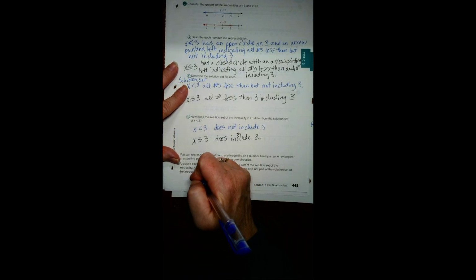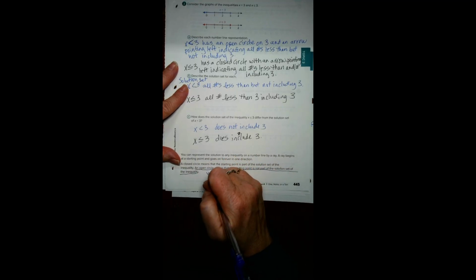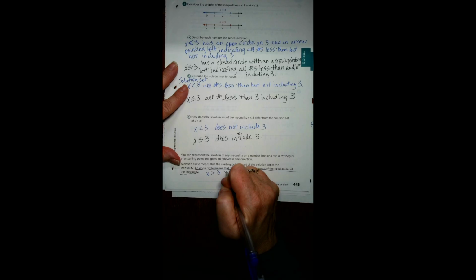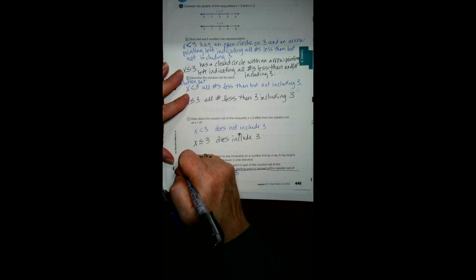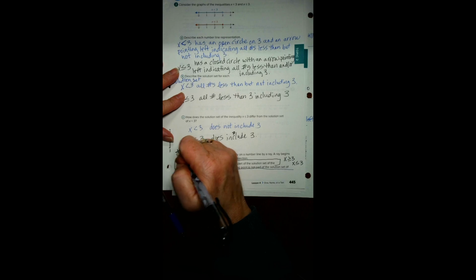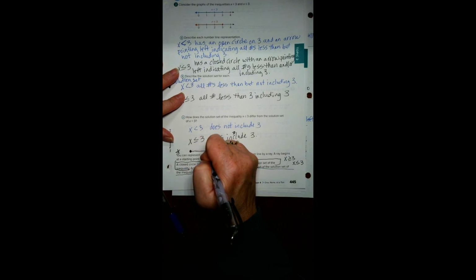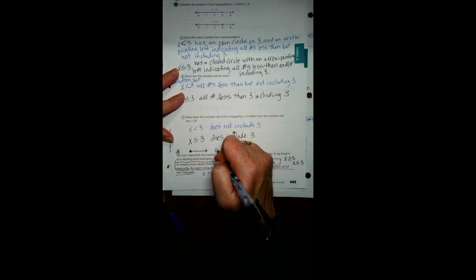So this one was x is greater than 3 or x is less than 3. The closed circle was x is greater than or equal to 3, or x is less than or equal to 3. And this part here is a ray.